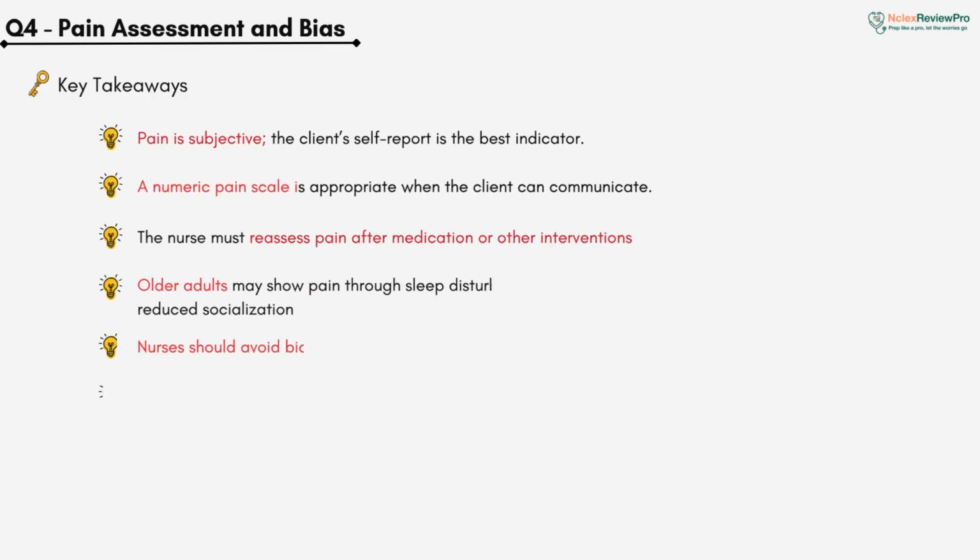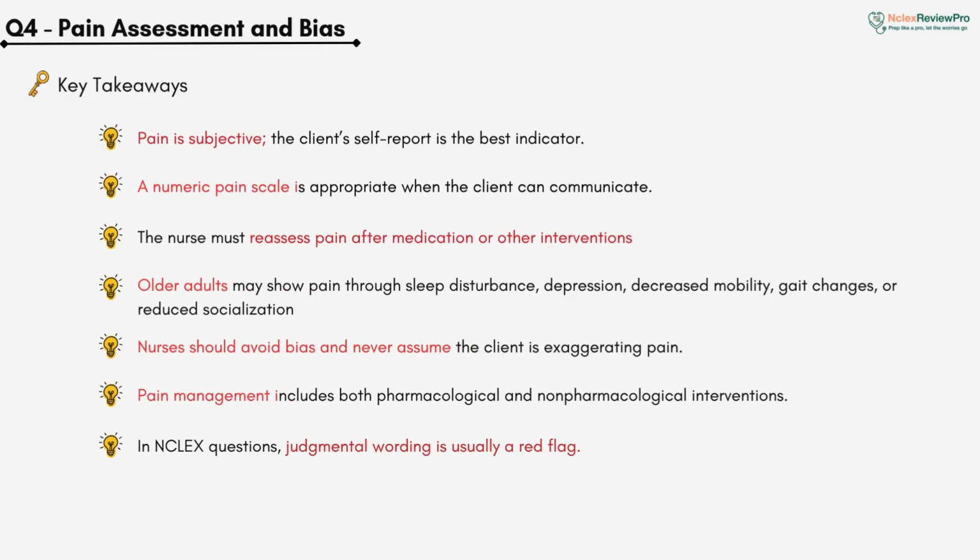The key takeaway is this: pain is subjective, and the client's self-report is the best indicator. A numeric pain scale is appropriate when the client can communicate, and the nurse must reassess pain after medication or other interventions.